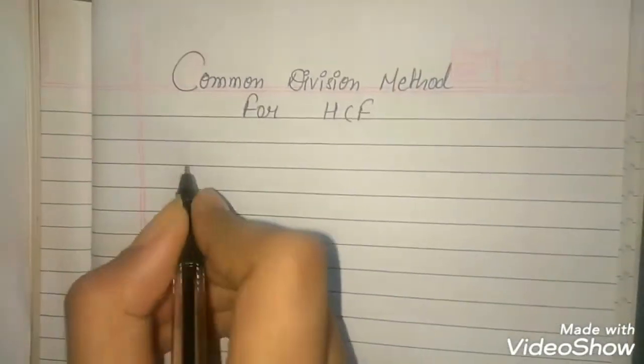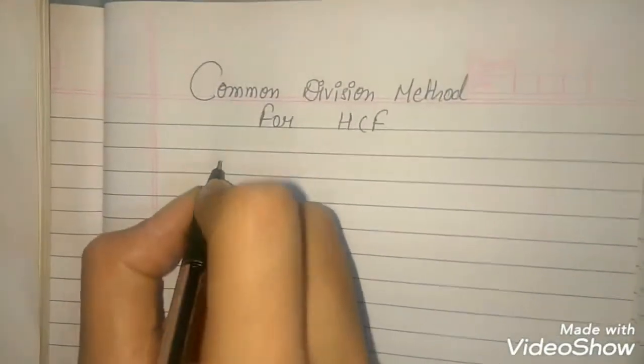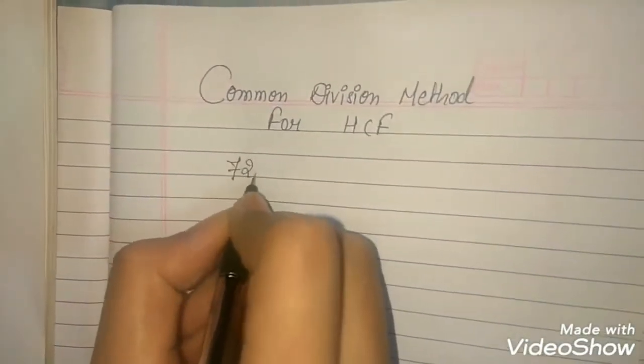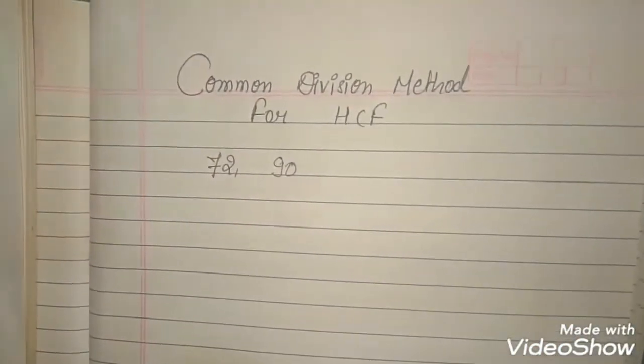So starting from the common division method, I will take one example. Suppose I have two numbers 72 and 90.